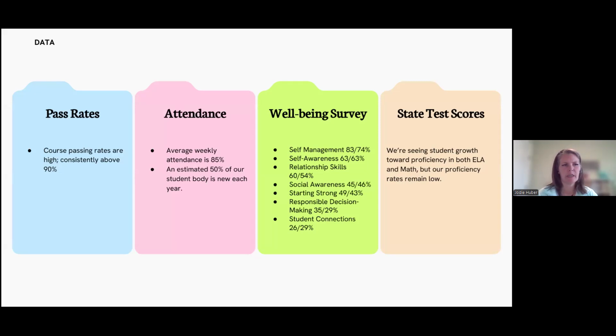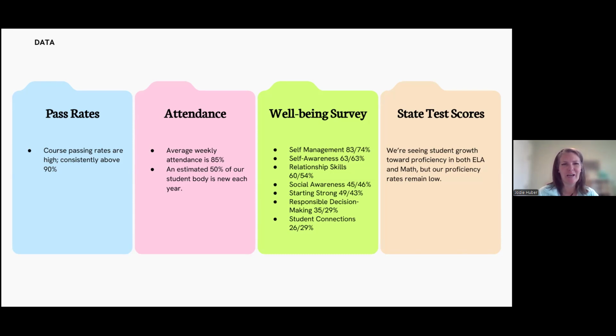Great. So I'm Jody, and I'm just going to talk a little bit about the data of our school. When we joined the cohort and we were asked to look at where we could step up our prevention efforts, we looked at our school's data and took an inventory there. Our course passing rates are really high, consistently above 90%. We have pretty good attendance as well. A challenge that we have is close to 50% of our student body is new each year.